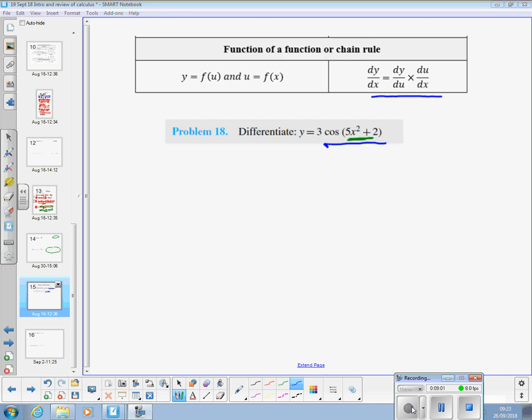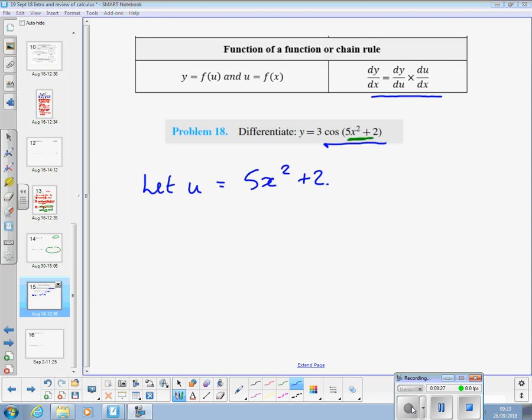Again, there's a method. First thing we do is let u equal 5x squared plus 2, the bit inside the brackets.